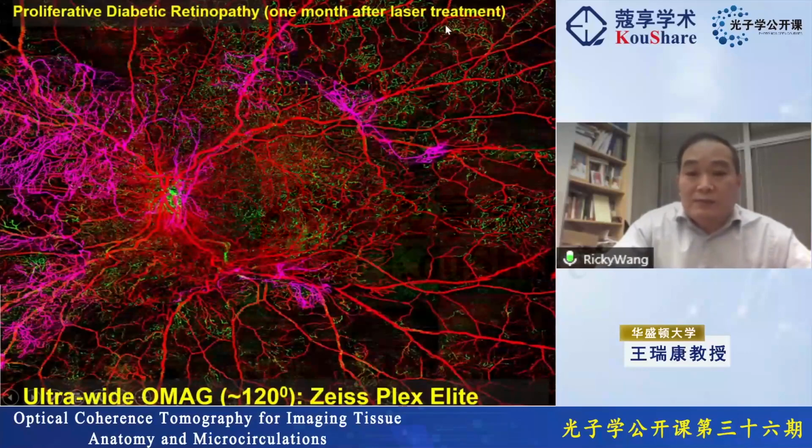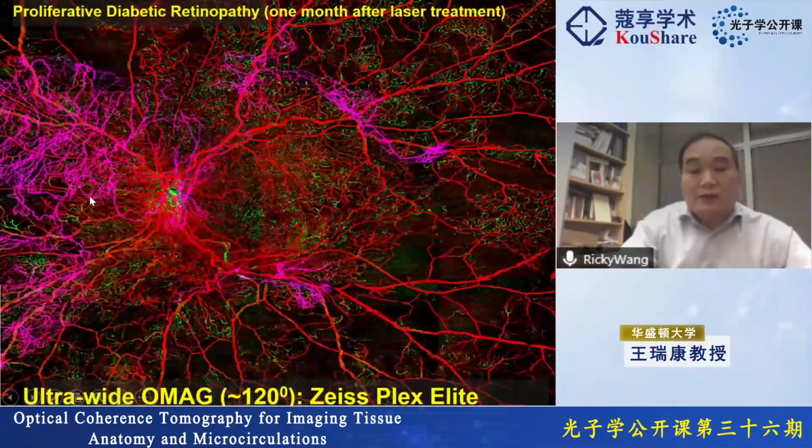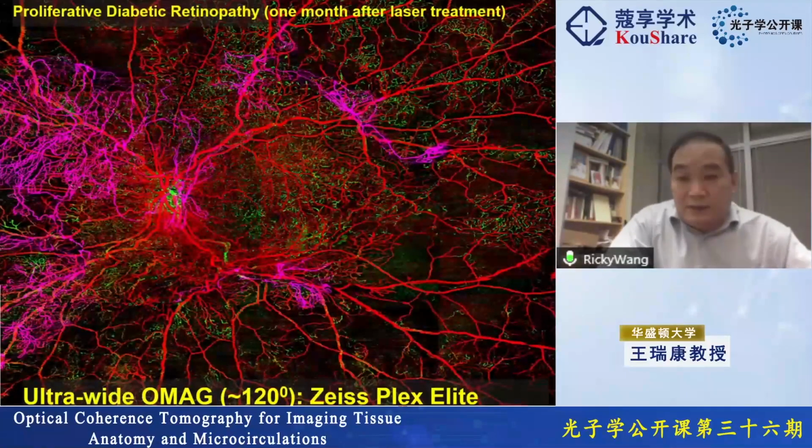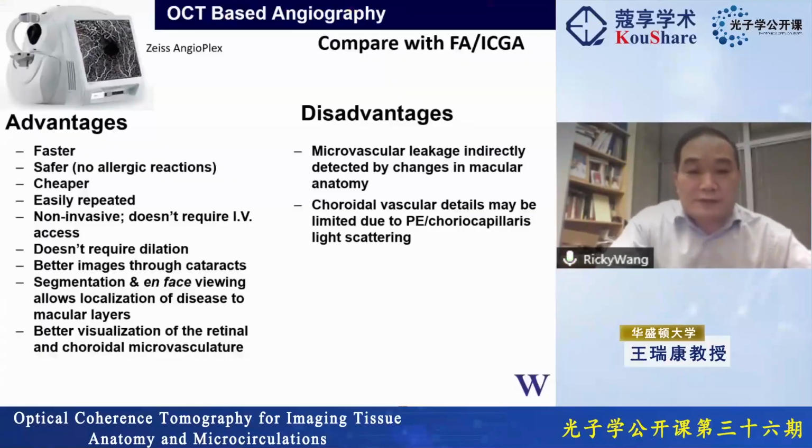The laser treatment is really to stop the new vessels from growing. In this case, if you look at this patient using the OCT, it looks like the treatment is doing very well because it suppressed all the new blood vessel formation in this patient. Yeah, so that's the important usage for the OCT in clinics.